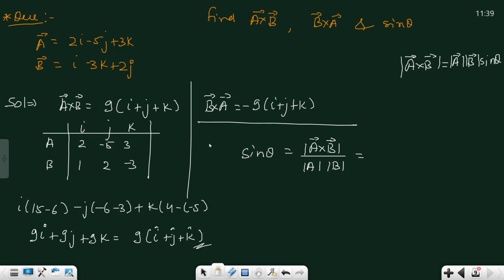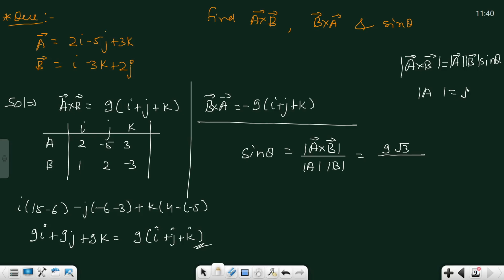So A cross B is coming 9(i plus j plus k). So the magnitude is 9 into root 3, divided by the magnitude of A. What will be the magnitude of A? 25 and 9, 34.